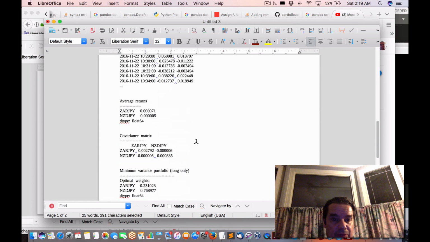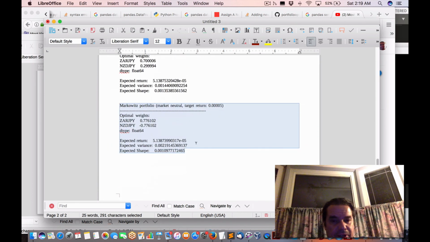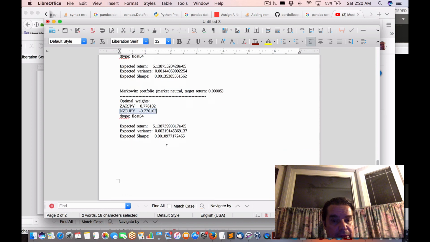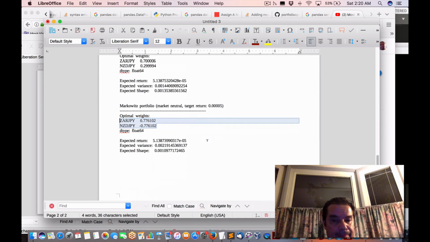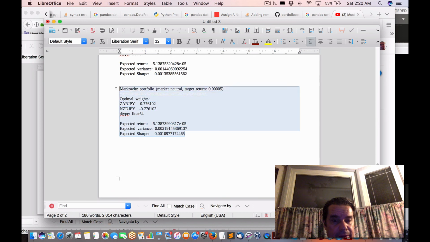Now, of course, this could all be wrong based upon the calculations, but judging from the combination, this may be the best strategy because it gives you the highest expected Sharpe. So you long this and short that combination with these optimal weights, but they're kind of messed up. But I do find this quite interesting for this mix of a portfolio.